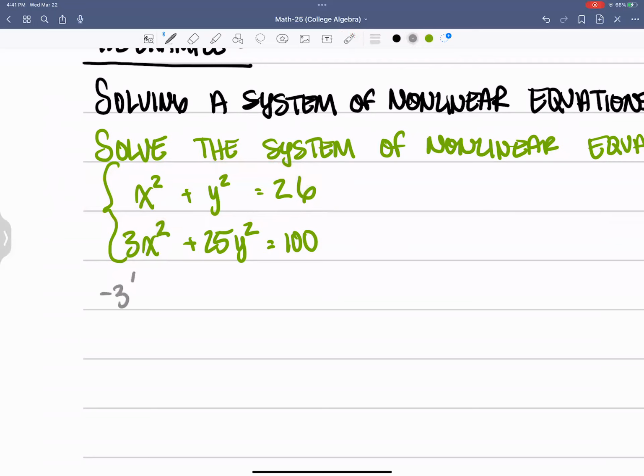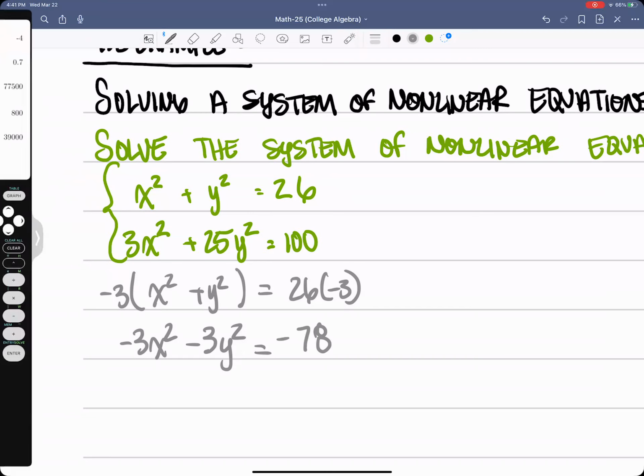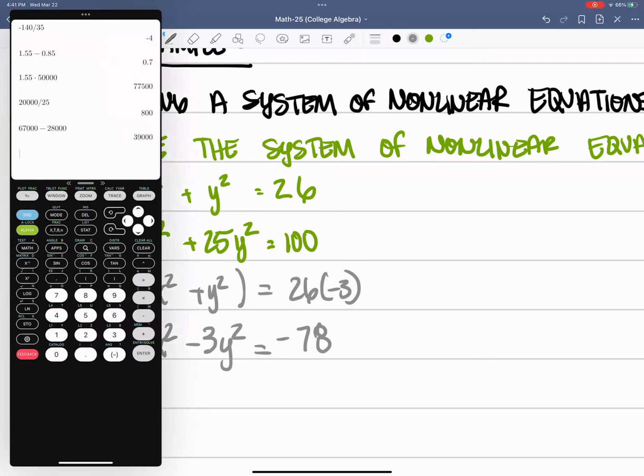So -3 times equation 1: x squared plus y squared is equal to 26, times that -3. -3x squared minus 3y squared is equal to... maybe I shouldn't just do that. Let's do 26 times -3, which is -78.